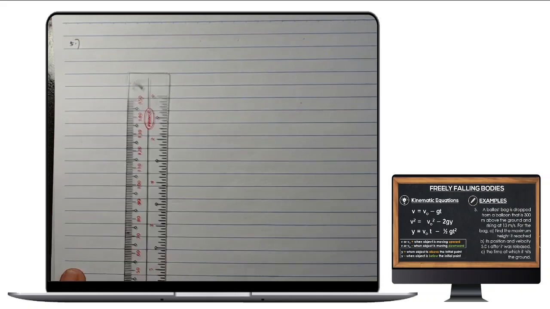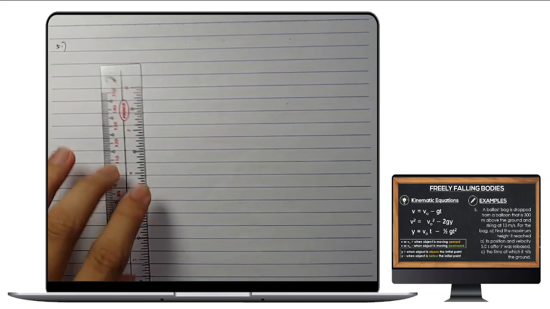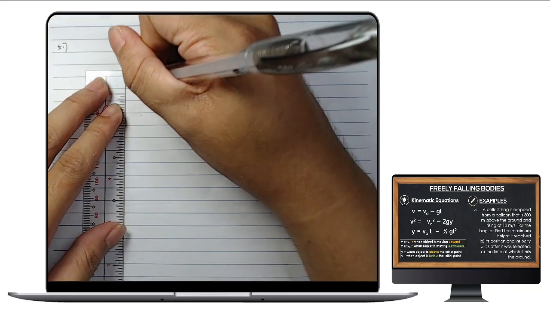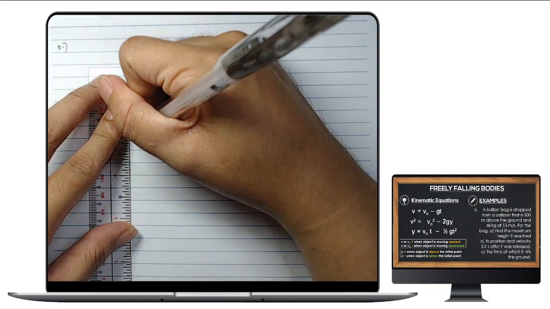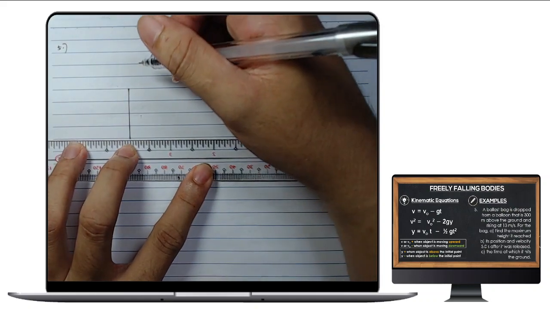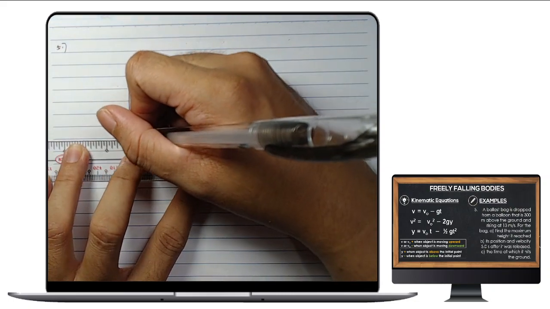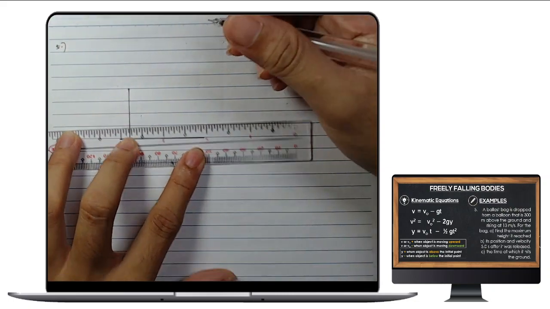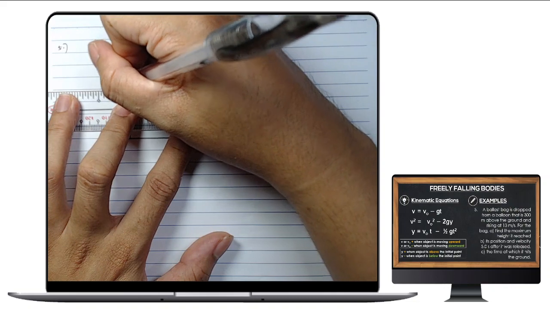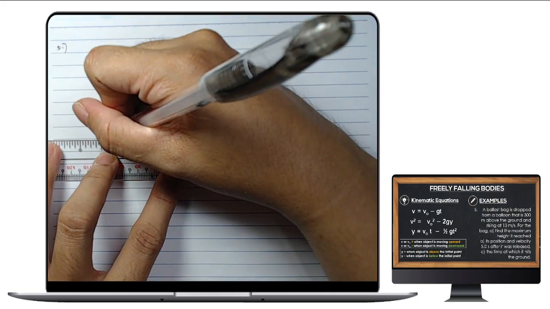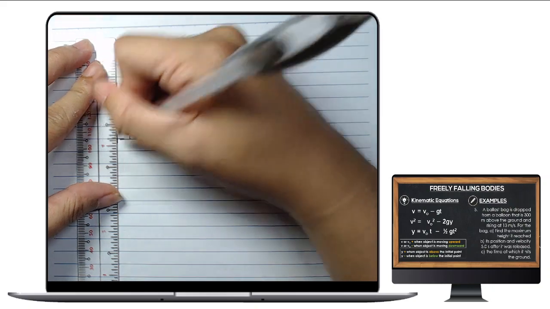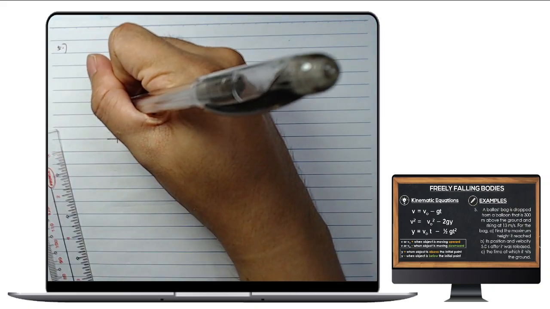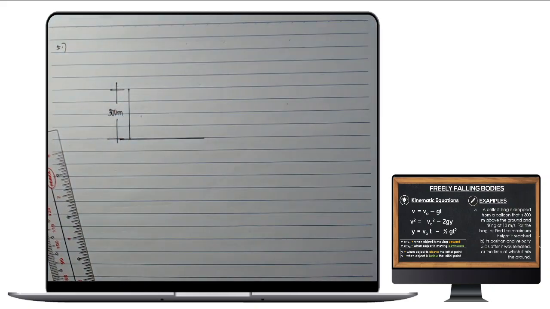So initially, okay, so let's say from this point, so ito yung ating ground. Yan. So 300 meters above the ground. Okay. Ito yun, 300 meters above the ground.